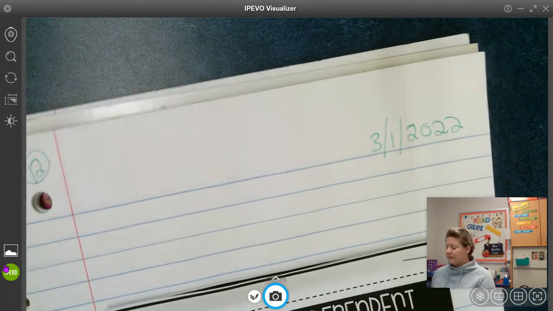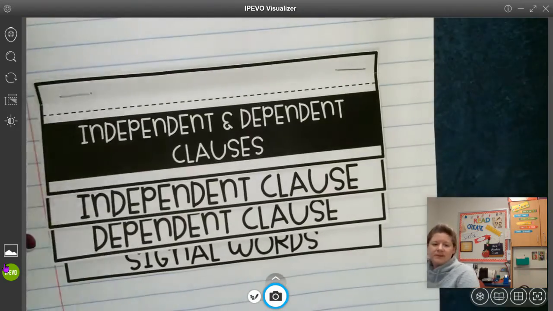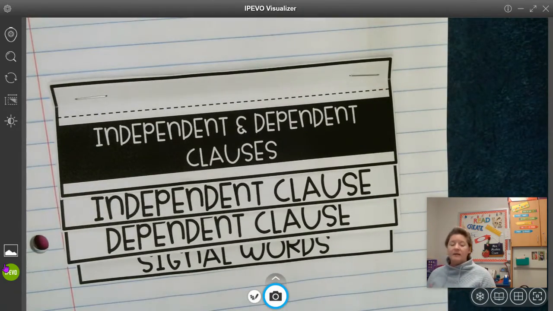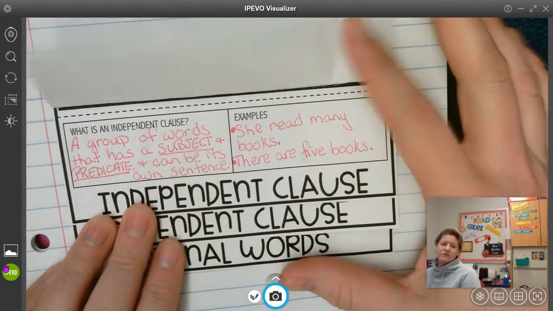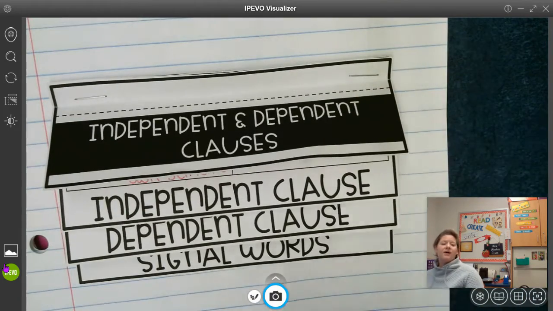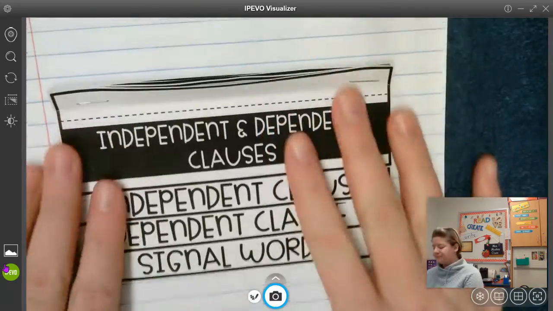Okay, and here we go. So let me back this up just a little bit, but I don't want it too far away. Little warning, and I probably told you this in class, the boxes are kind of small. So you really have to watch how big you're writing your letters and your words, because you want to try your best to make it fit in all the flaps that we have here.